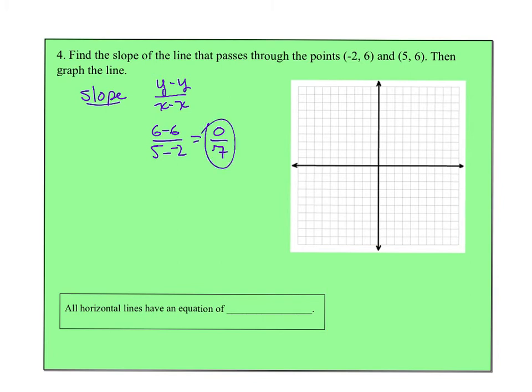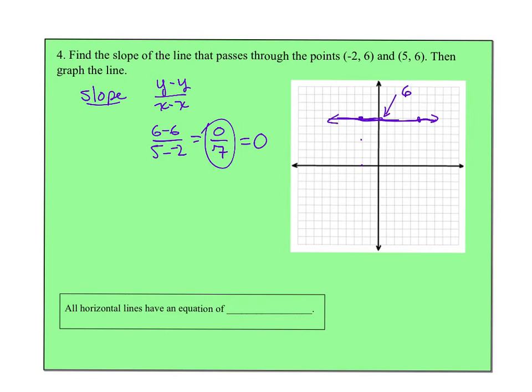Okay, that's interesting because that's just 0. So let's look and see where we are. We're at negative 2, 6, and 5, 6. Oh, also we have a horizontal line. So just from my horizontal line, I can pick off that I'm crossing there at 6.